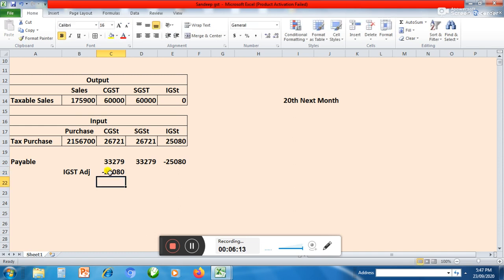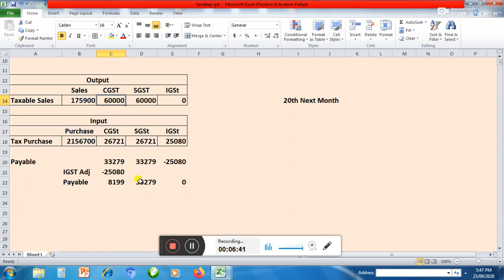Actually this minus this, it becomes payable. This negative IGST I will adjust in this, and this CGST we have to pay is this much, and SGST we have to pay this much. So IGST will be 0 because it is adjusted in CGST. Clear?